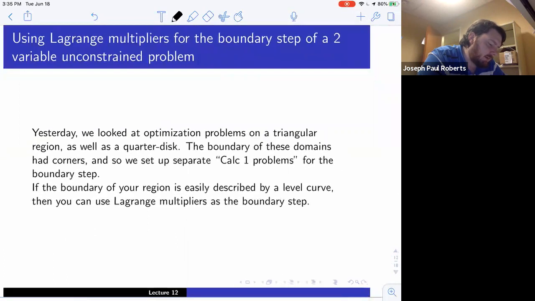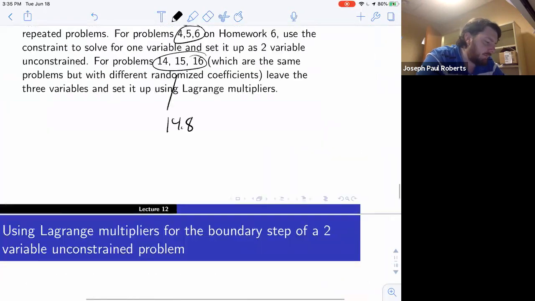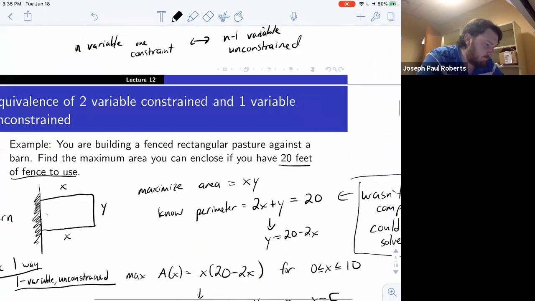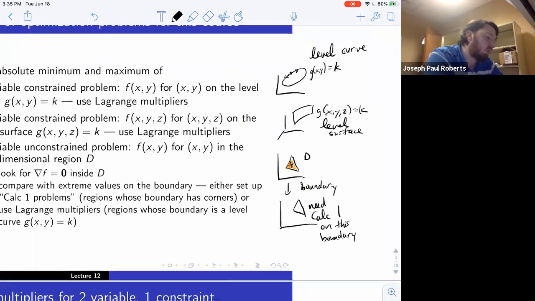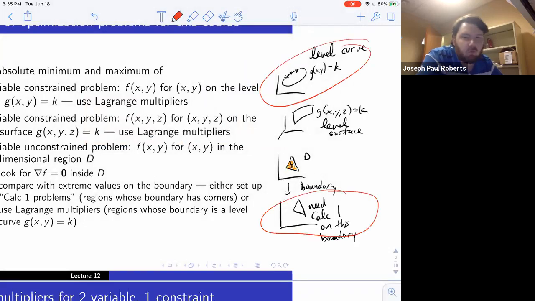So the next idea is how you might have been thinking a few minutes ago that, qualitatively, this Calc 1 boundary is kind of like a curve. So you could have some regions where instead of a triangle, maybe the boundary is like a circle like this.